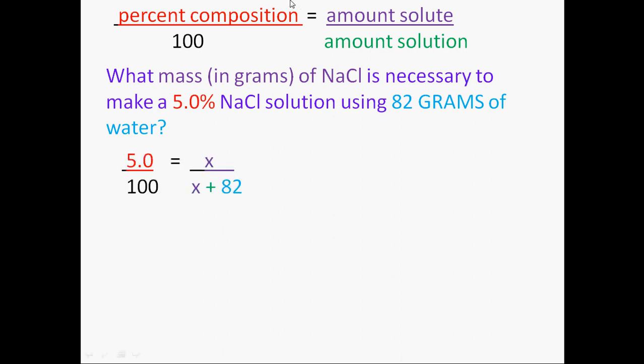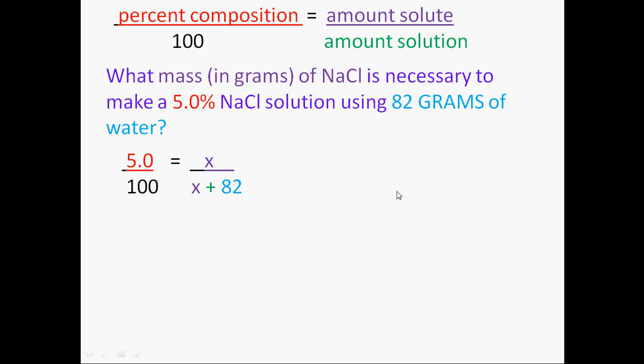I know my percent composition is 5. I'm solving for my amount of solute, or salt, which I'm going to represent by x. To represent the mass of the solution, I'm just going to take x, the mass of the salt, plus 82, the mass of the water, because together the salt plus the water represent the entire solution.